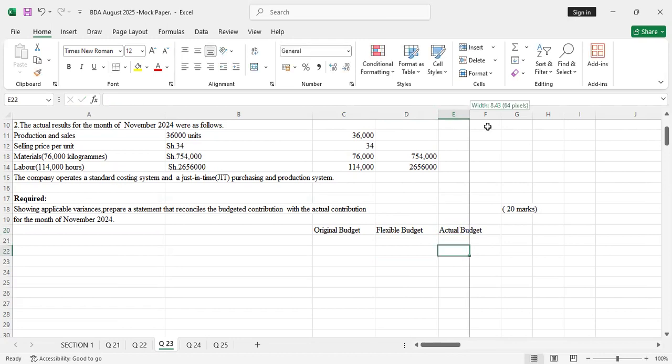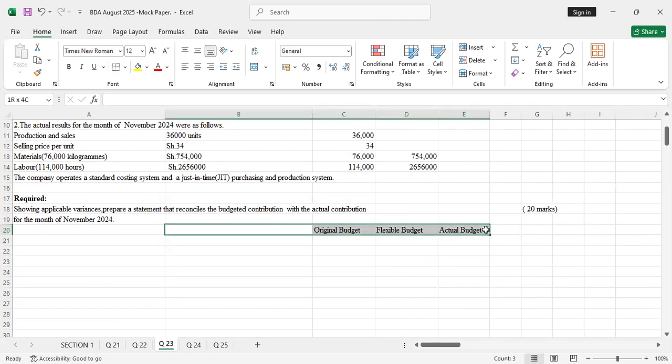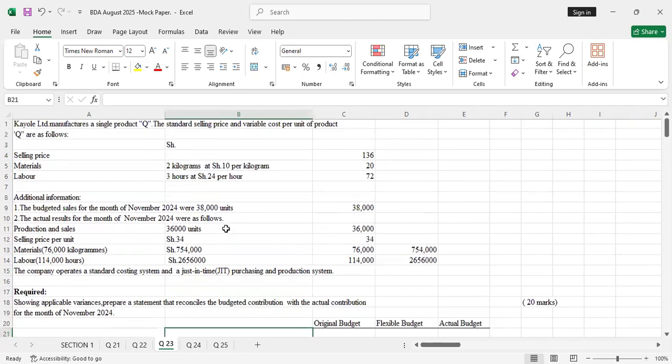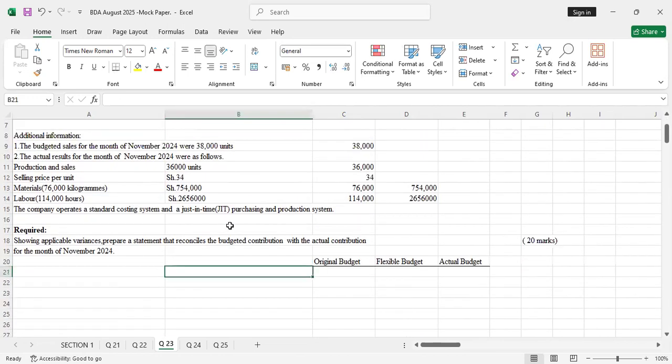Good. So once you have that arrangement, you can create a bottom border. Because you have budget, the shillings, were they in thousands? No, so we are not going to do thousands.